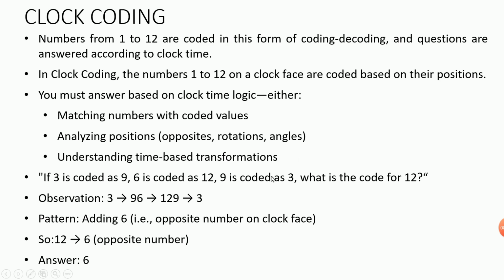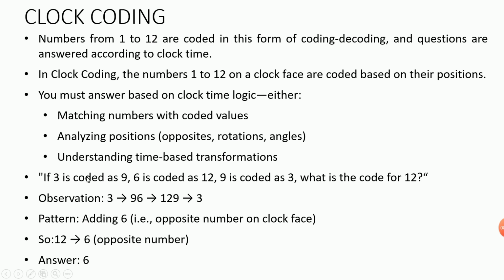So 15 minus 12 is 3. Similarly, 12 plus 6 is 18, and you have to subtract 12 from 18. That's how we get the answer as 6. So the answer is 6.